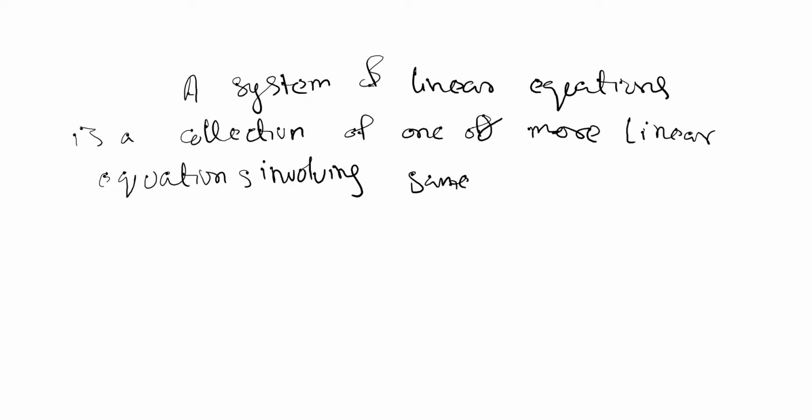If we have a total of four variables, then we need four equations to solve that system, and those four equations will cover only those four variables, not any extra variable. So that will be from x1 to xn, your variables.